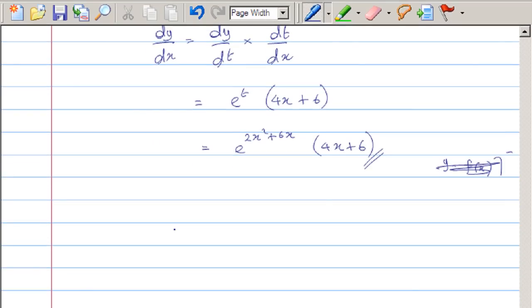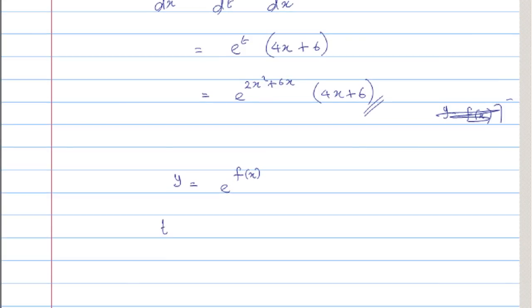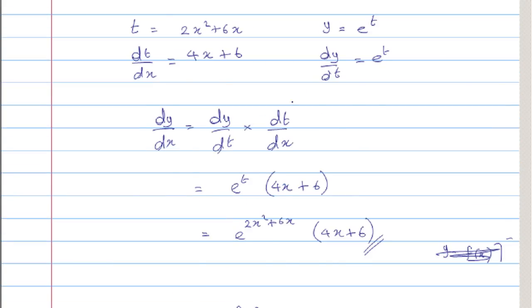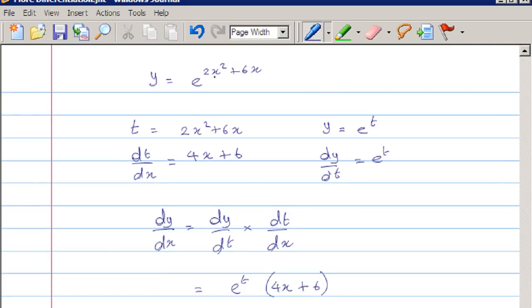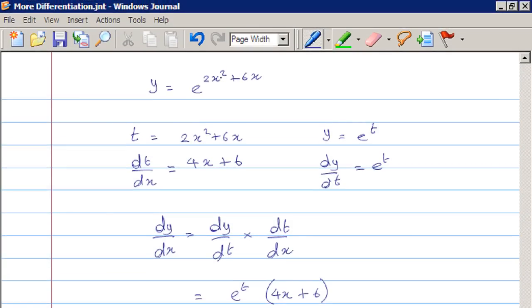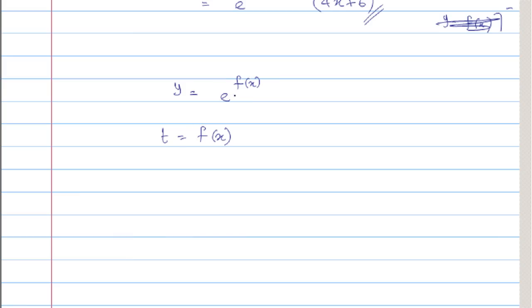If I have y equals e to the power of some function in x, let's let t equal whatever that function is. So that's what we did in the previous examples. I took t as that substitution, whatever the power was. So let t equal f(x), and in that case y would be equal to e to the power t.